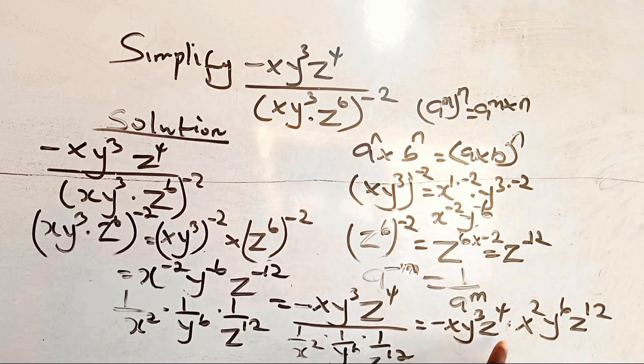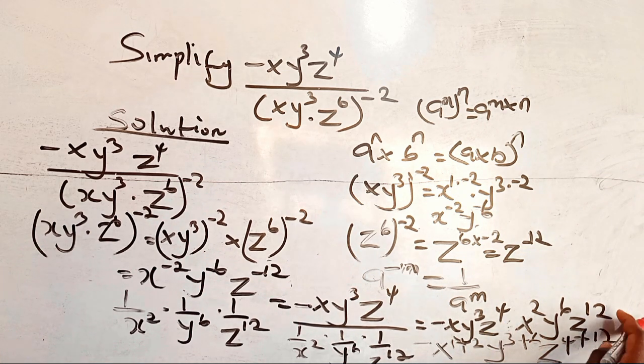Here we can apply the law of indices further. For minus x times x squared, we have minus x raised to the power 1 plus 2. Applying the multiplication law of indices, y raised to the power 3 plus 6, multiplying the same base, you add up, and z raised to the power 4 plus 12.